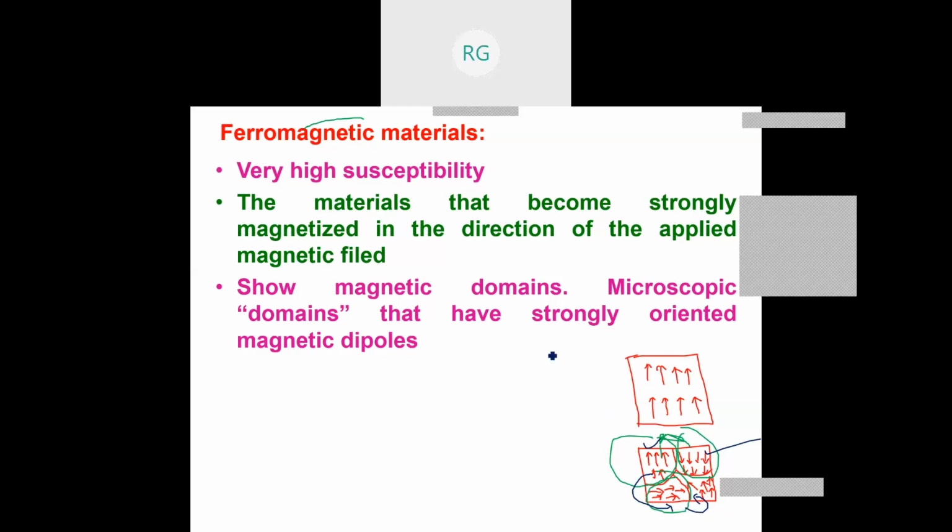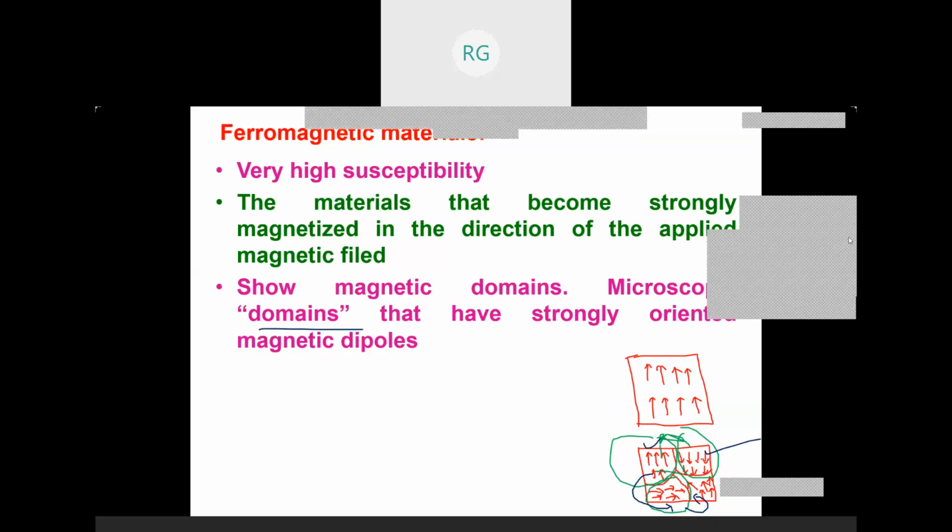So ferromagnetic materials show domains, and from one domain to another domain the orientation is different.